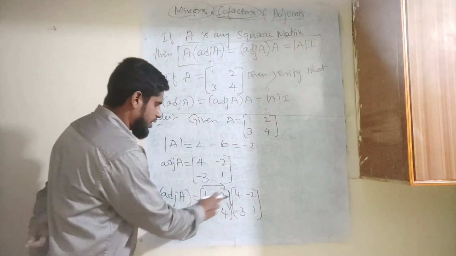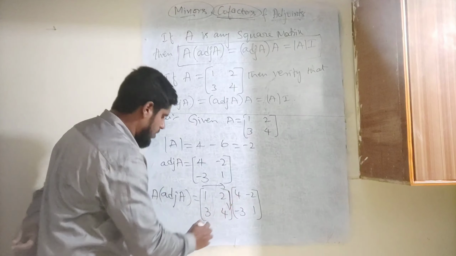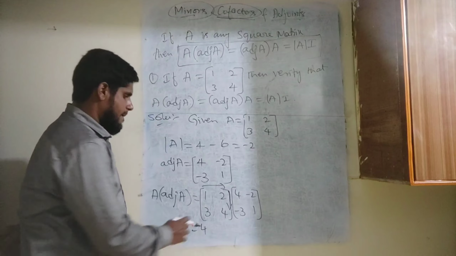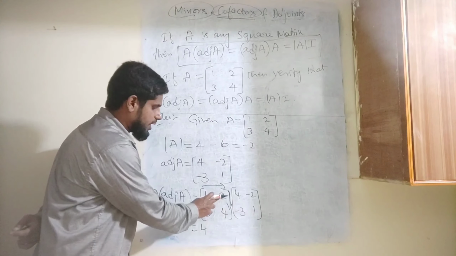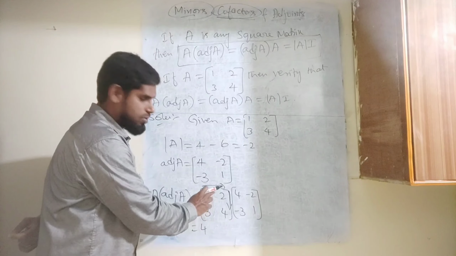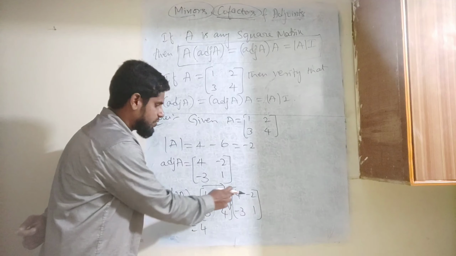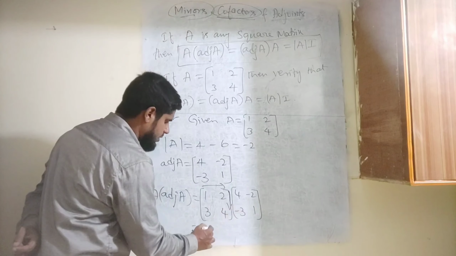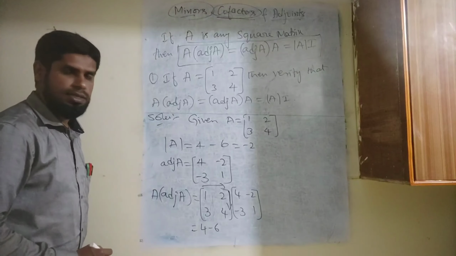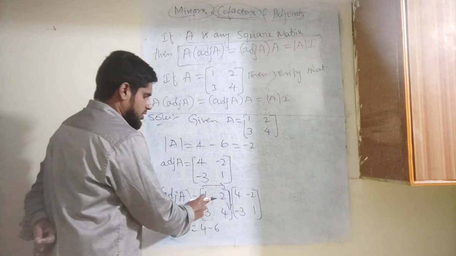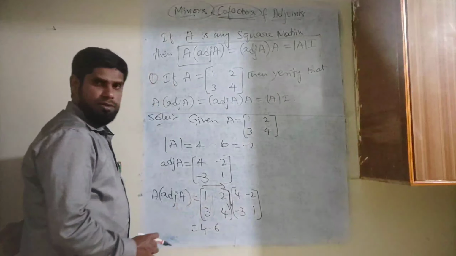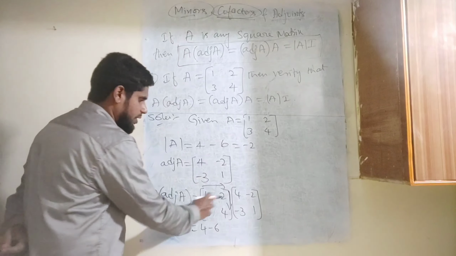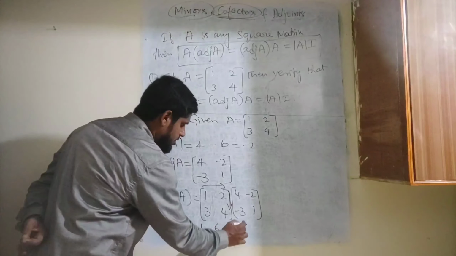So here, students, 1 into 4 is 4. Then next, second element to second element, row to column. 2 into minus 3 is minus 6. Next, first row to second column, again element to element. 1 into minus 2 is minus 2.